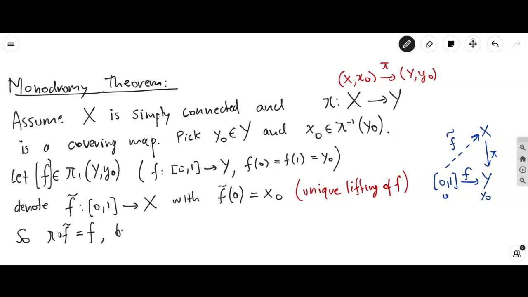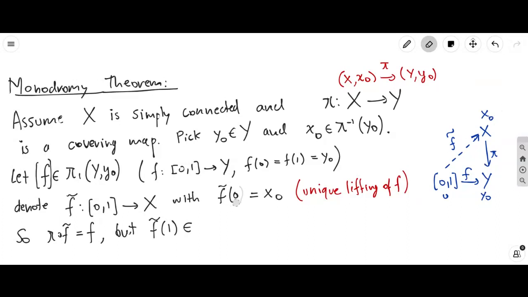But be careful, its terminal point is not necessarily equal to x0. The point in X that projects down to y0, this is the initial condition that we have chosen. This is what we're calling x0. So when we lift the path, it satisfies the initial condition that it starts at x0.